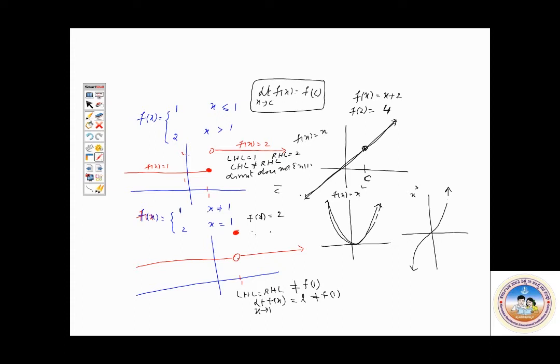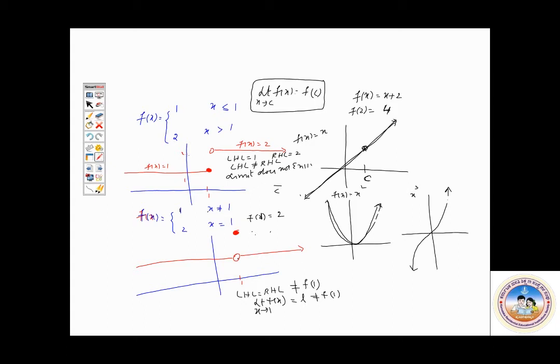Now, if any of these two cases, limit does not exist or limit exists but is not equal to the functional value, then the function is discontinuous at that point. Now we have discussed three cases of continuity: continuity at a point, continuity over R, and continuity over an interval.